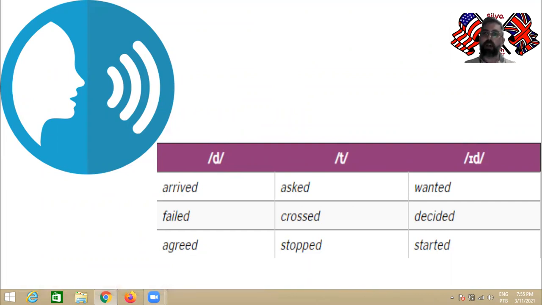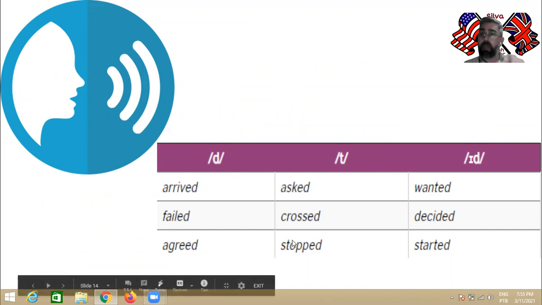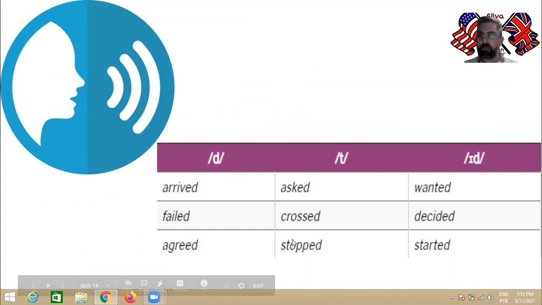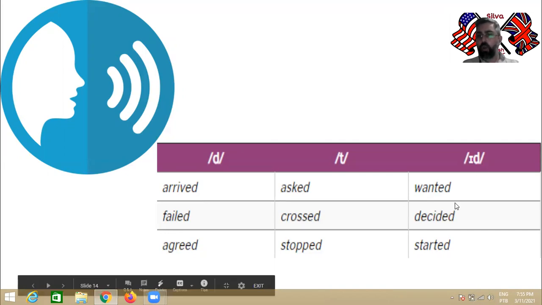Stopped. And I urge you guys to exaggerate your pronunciation, at least at first, because when you do this, the muscles of your mouth and your tongue get used to that pronunciation, and then it becomes a lot more natural over time. And finally, you have the id sound.